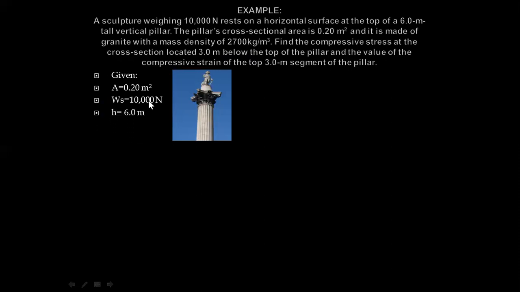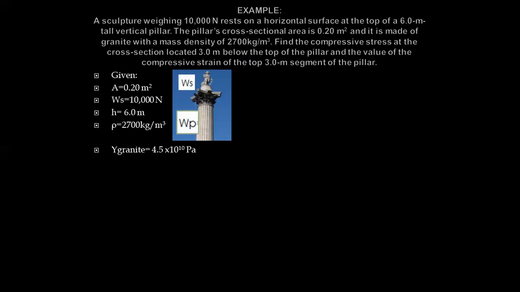Then the height is equal to 6 meters. The density is equal to 2,700 kilograms per cubic meter. An additional given is the modulus for granite at 4.5 times 10 raised to 10 pascals.